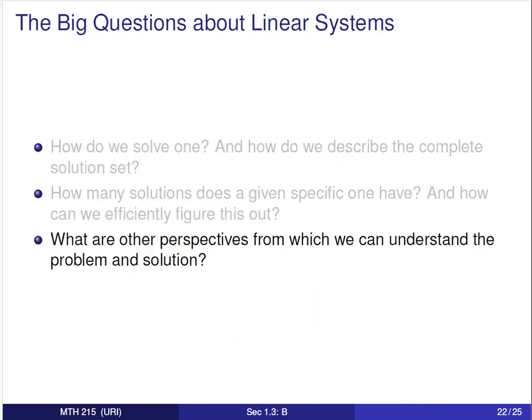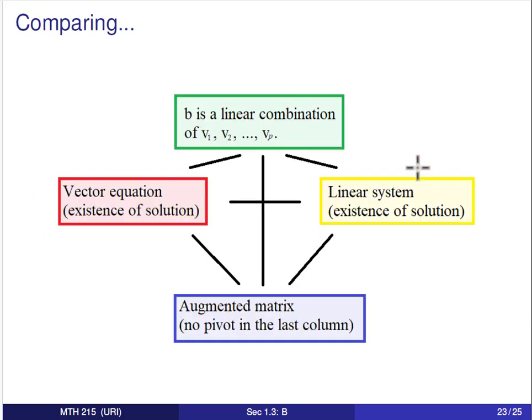All right, now we've talked about one of the big questions from before. What are other perspectives from which we can understand the problem and solution? And in this video, we've talked about linear combinations and vector equations, and we've talked about their connections to the concepts of existence of linear solutions and to what we see in an augmented matrix.